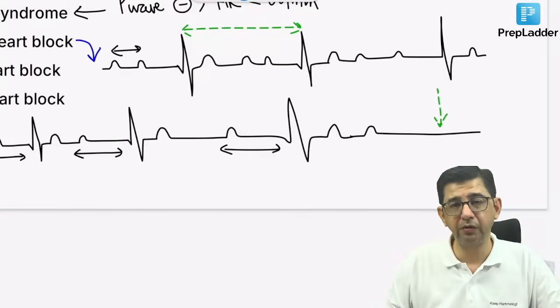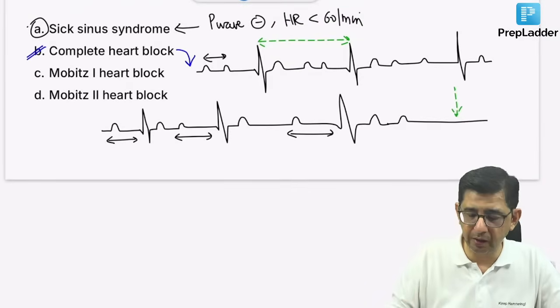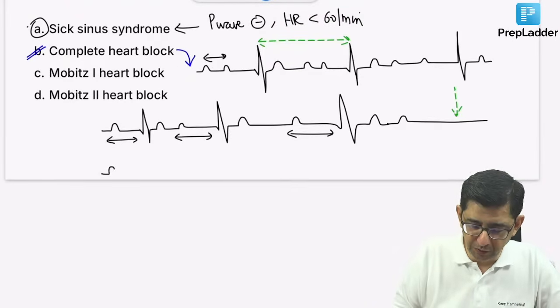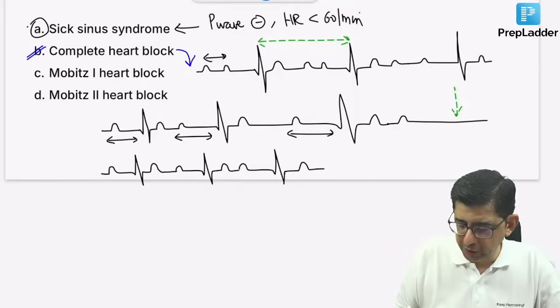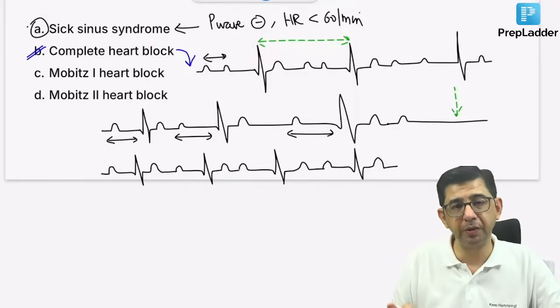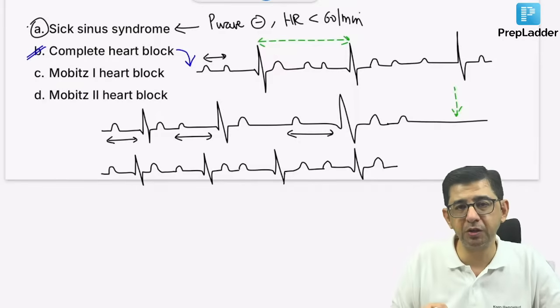I'm not getting into the exact details because this is just before the exam session, but I just want to bring to your attention that if you get a question in which the PR interval is showing a serial prolongation, and there's a drop happening, you will say it's Mobitz 1 heart block. But suppose everything is normal, don't lose patience, because most of the time people lose patience with Mobitz 2 heart block.